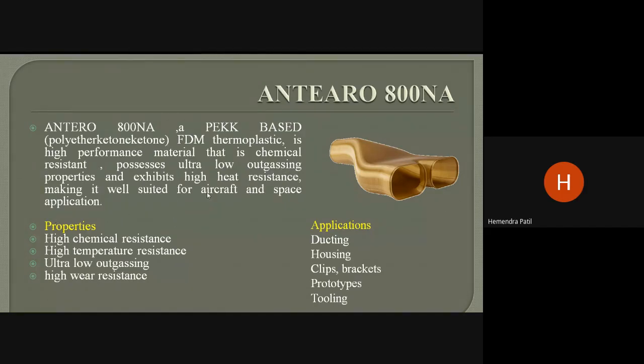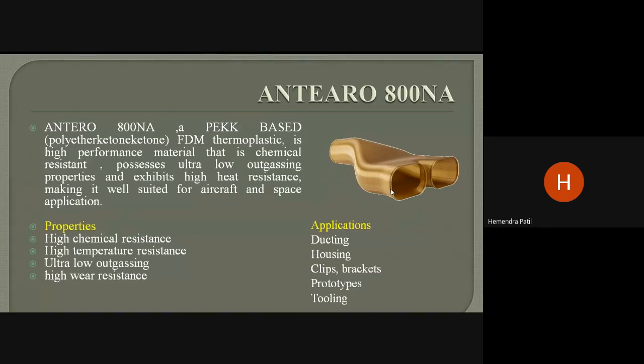And if we talk about the properties, it has high chemical resistance and temperature resistance, ultra low outgassing, and high wear resistance. The application part here is ducting, housing, clips, and brackets. Prototypes of different models can be made from Antero 800 NN, and tooling is also done from Antero 800 NN.